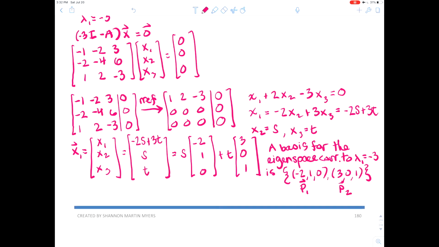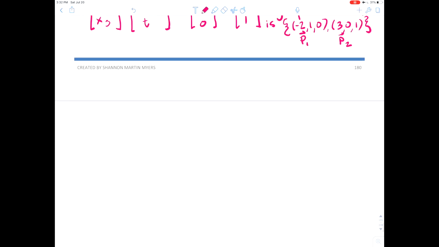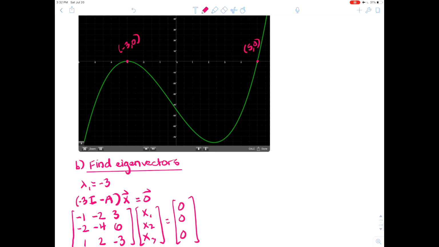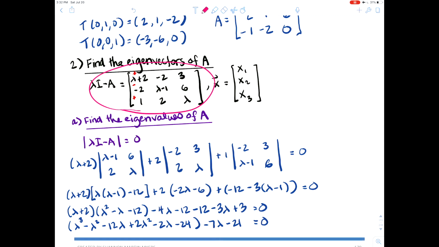All right, so now for lambda 2 equal to 5, well, 5I minus A times x equal to the 0 vector is, so again, we're coming back to the matrix circled here.